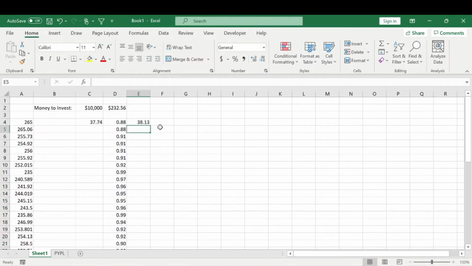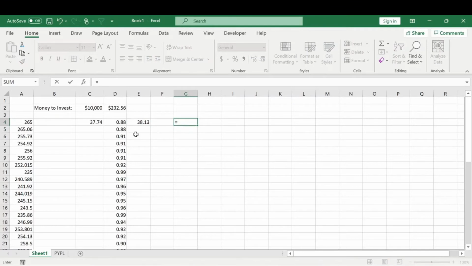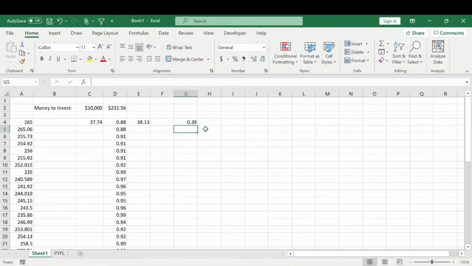If we do the difference, by dollar cost averaging, we were able to buy an extra 0.39 shares. Now that might not seem like a lot, but over time, that can grow exponentially, right? So that's a 0.39 share difference.